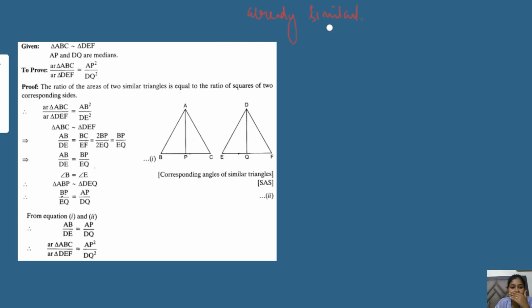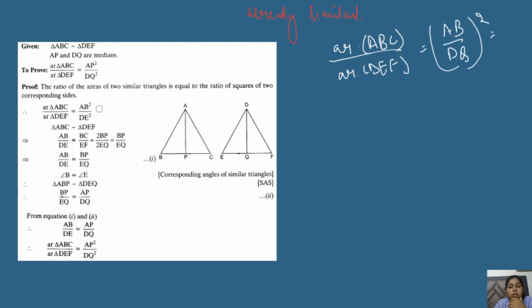We know that when two triangles are similar, the ratio of their areas will be equal to the corresponding sides squared. But here you have to prove that it should be equal to the square of medians. The median has not been counted in the corresponding sides, right?